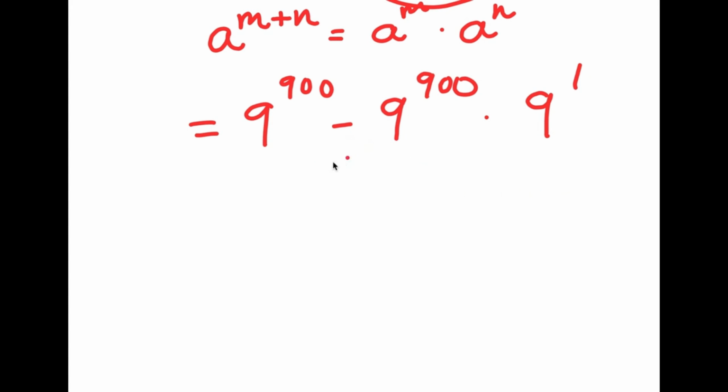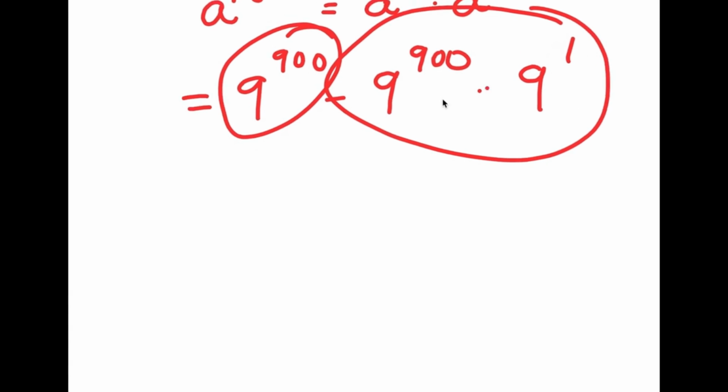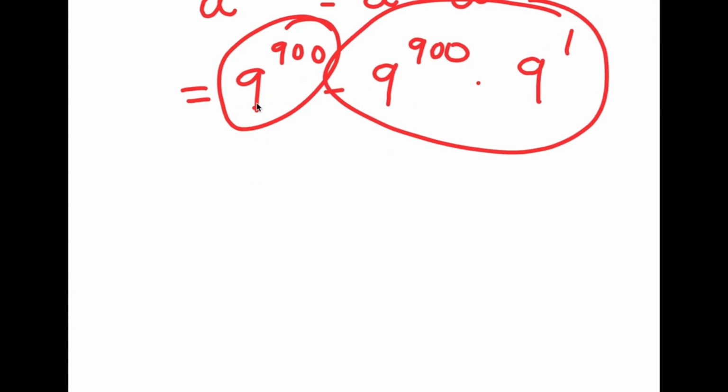Now from here, notice how we have two terms here. Our first term is 9 to the power of 900, and our second term is 9 to the power of 900 times 9 to the power of 1. So because both of our terms have 9 to the power of 900 in them, we can factor that out.